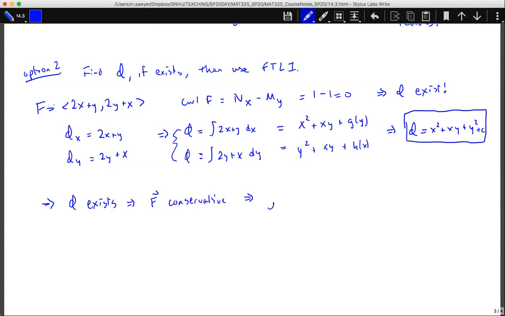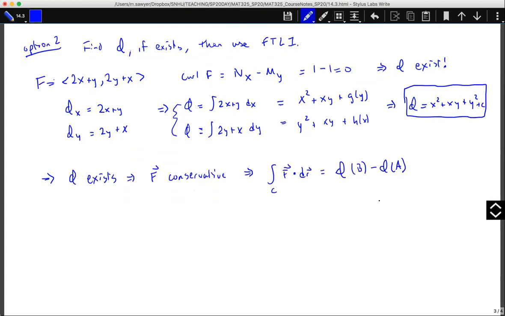Which means that the line integral over C of F dot dr is equal to phi of B minus phi of A. So we just need to find what B and A are. Here, A is equal to the curve evaluated at t equals 0, which is t squared minus t, comma, t cubed minus t, evaluated at t equals 0, which is equal to 0, 0.